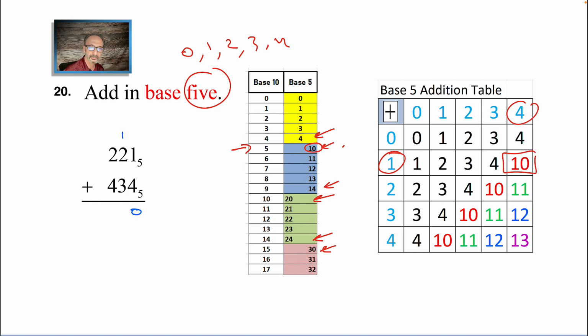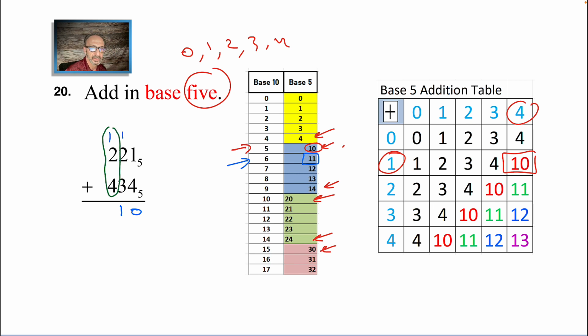Second column, 1 plus 2 is 3, plus 3 is 6. 6 means 1 five and 1 unit. Next, 1 and 2 and 4.